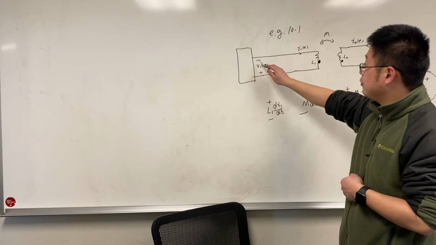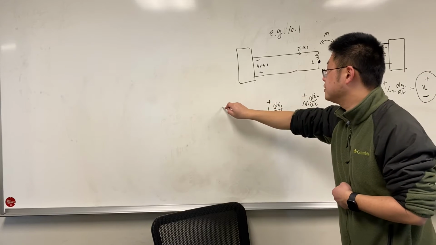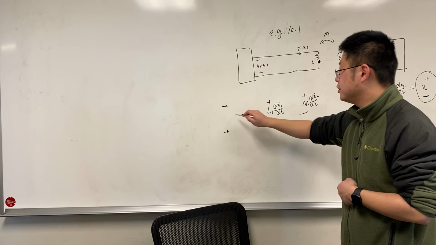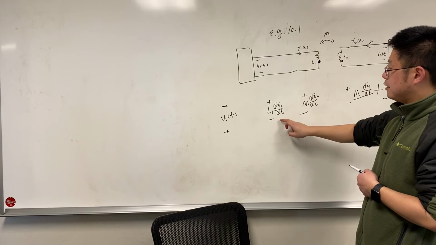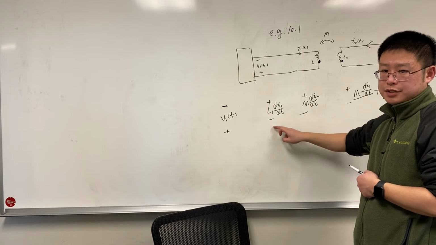Be careful that the reference direction for V1 is negative at the top, positive at the bottom, but here our voltage is positive at the top, negative at the bottom.